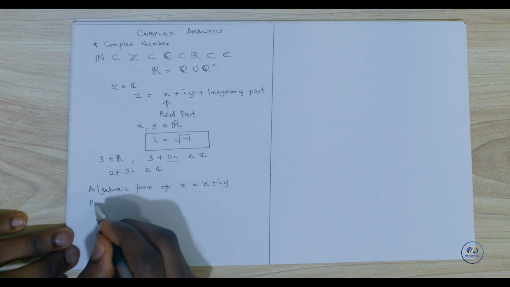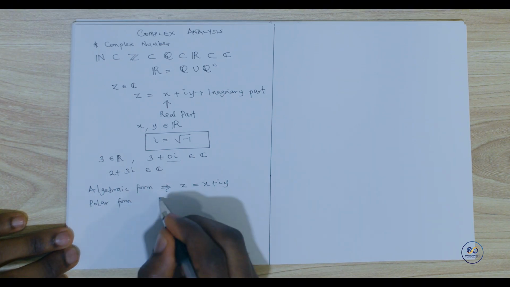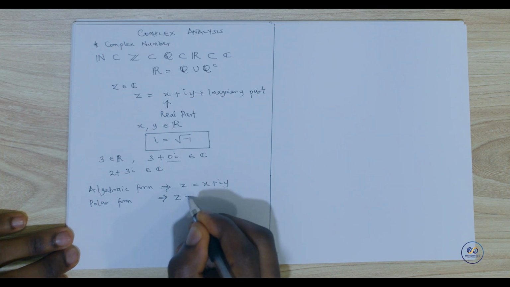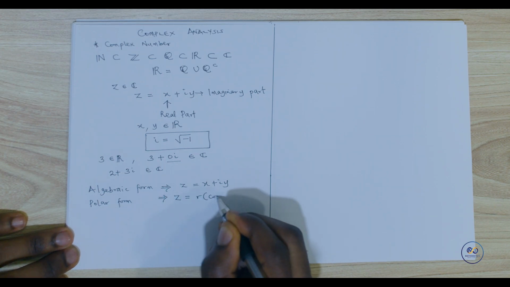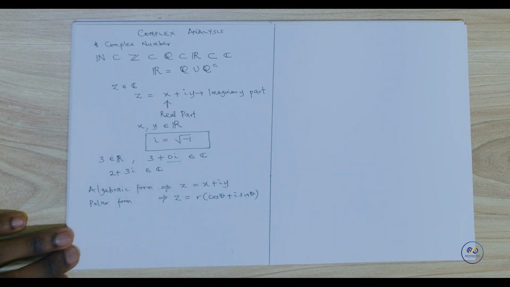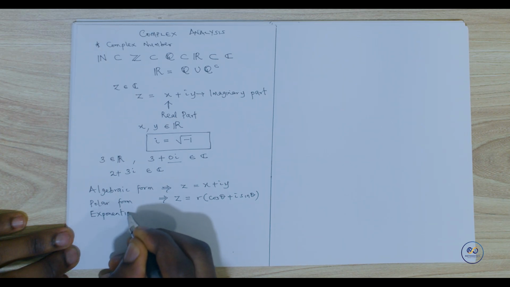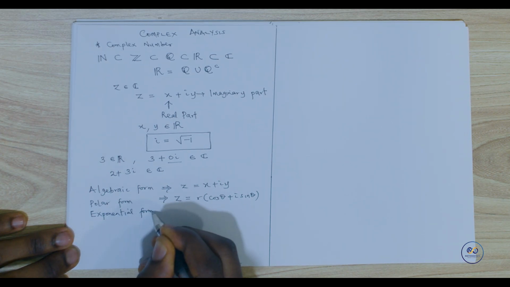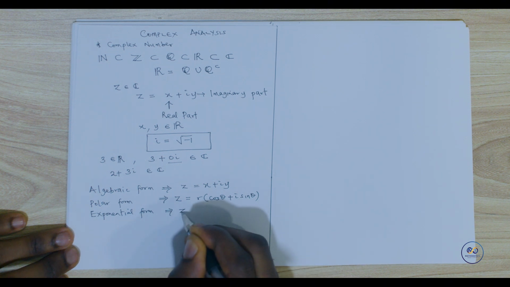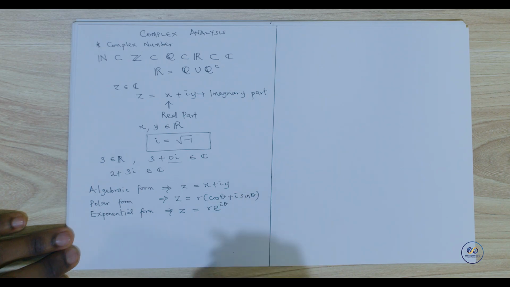However, we also have the polar form or representation of complex numbers, which is written as z = r(cos θ + i sin θ). And then we also have the exponential form, which in general is written as z = r e^(iθ).